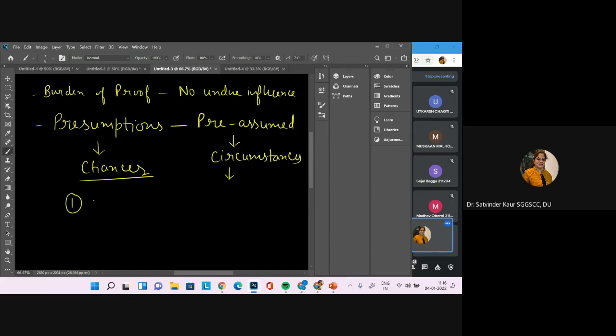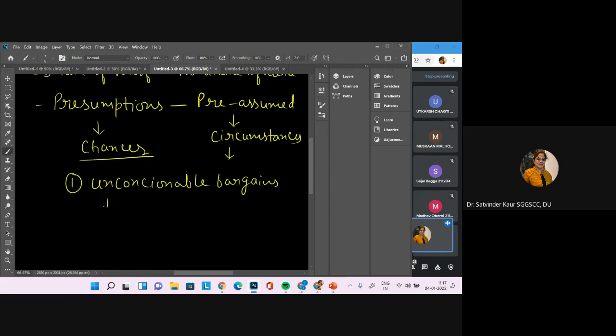वहां पे सबसे पहला होता है कि there are unconscionable bargains, जहां पर आपको particular transactions पे लगे कि इस particular transaction में consideration तो है ही नहीं, और there is so much variation that this particular transaction is not normal.